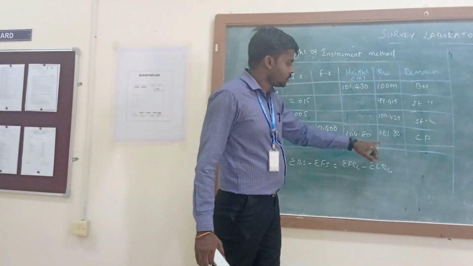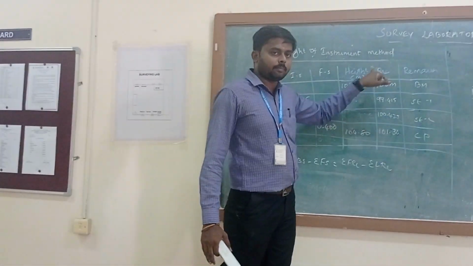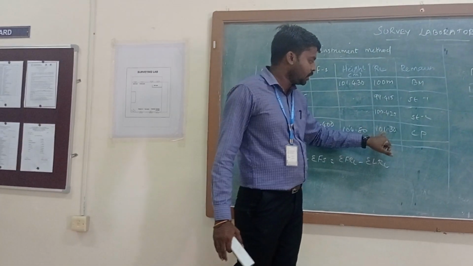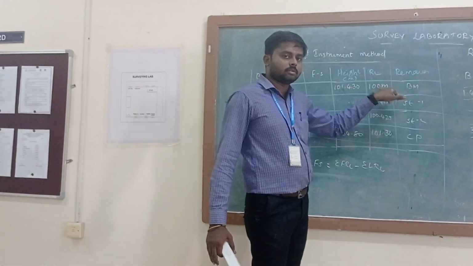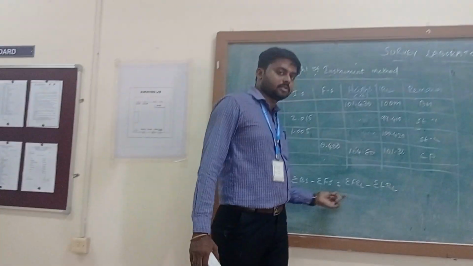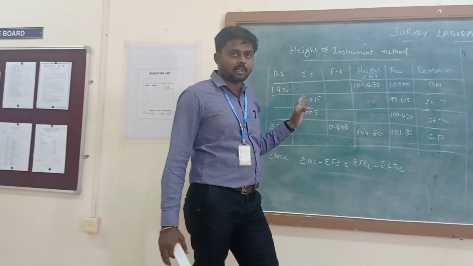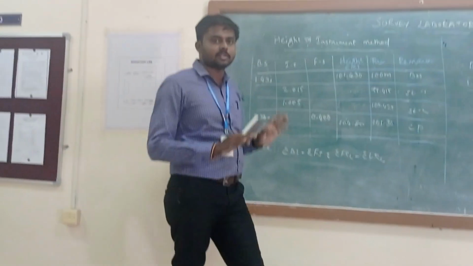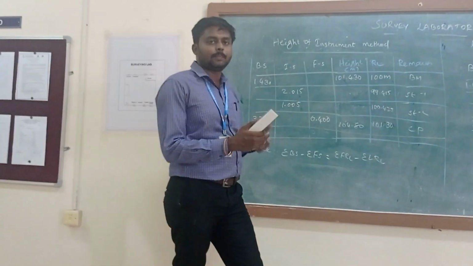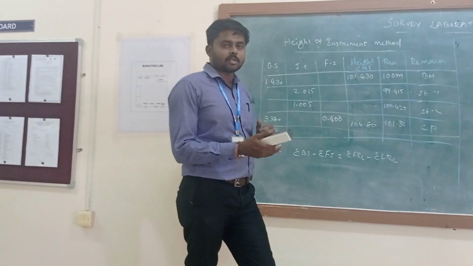If you take more points, you get more foresight values. Here the last RL is 101.30 minus 100. If both the left-hand side and the right-hand side come to the same value, it means the procedure of taking the values in the field was right. Otherwise you need to repeat the experiment in some other way.